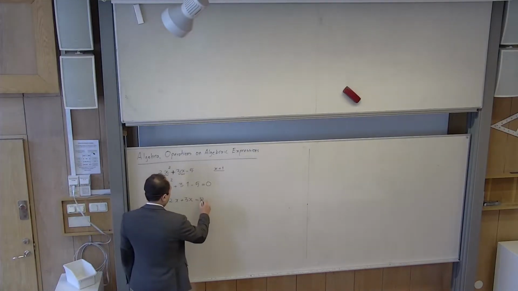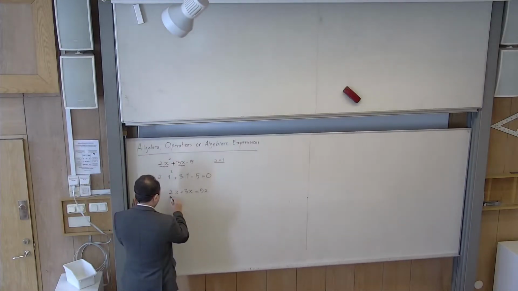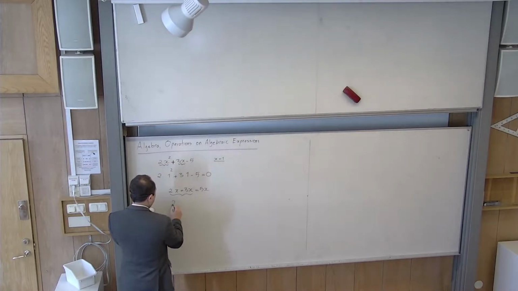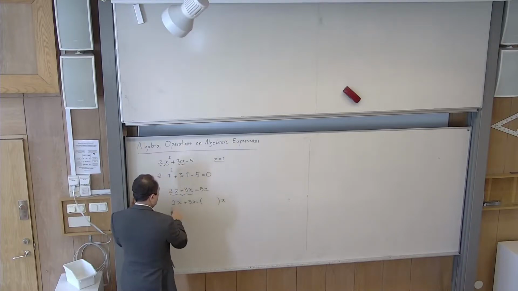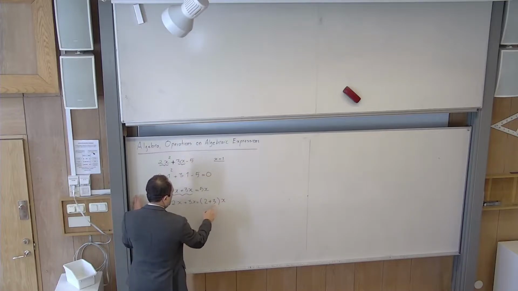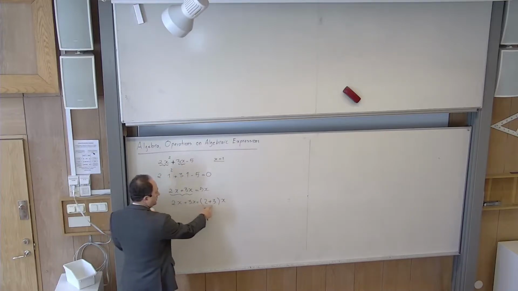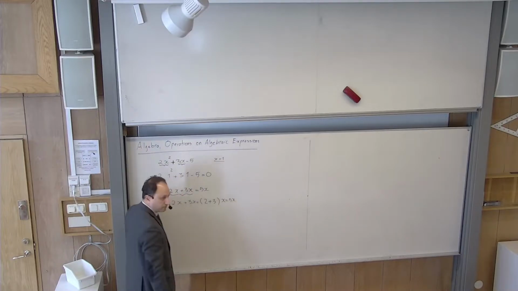You have 5 of them, so you can write 5x. In principle, if you want to understand this, you say I have 2x, I have 3 more x to it. So how many x's do I have? I have 2 x's here, and I have 3 x's there. But this is so simple for you that you don't do this step. So you immediately get 5x.